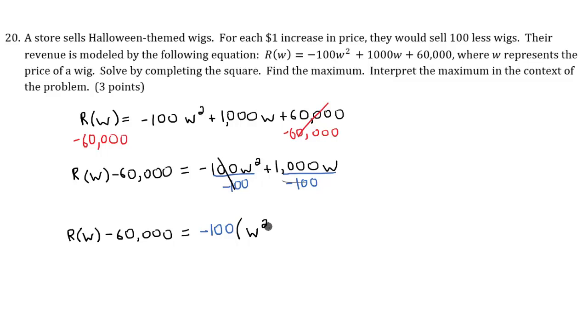I'm just left with a w squared. 1000 divided by the negative 100 is going to be just a negative 10w. And then I'm going to actually keep this right side open here, because I know that I have to add in some numbers so I can complete the square. Something else to notice is that this was plus, but because we were dividing it by a negative, now it becomes negative, so the sign changes.